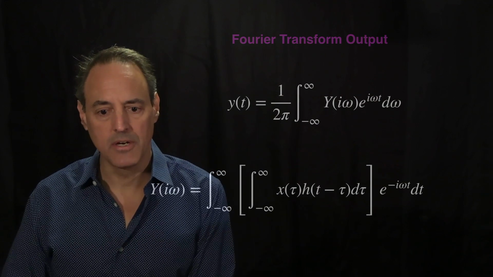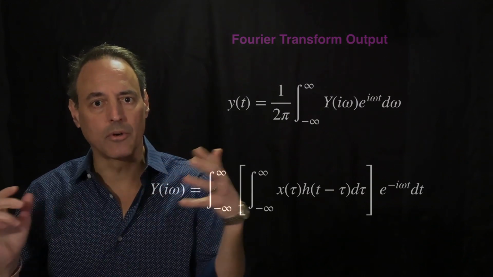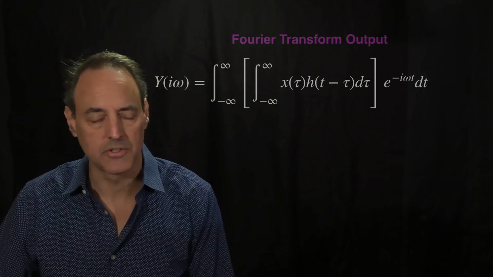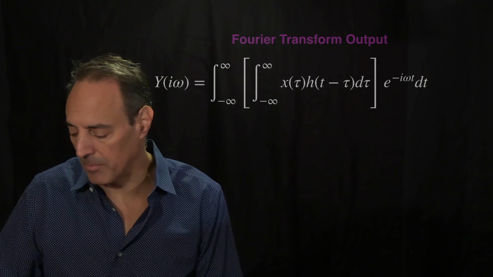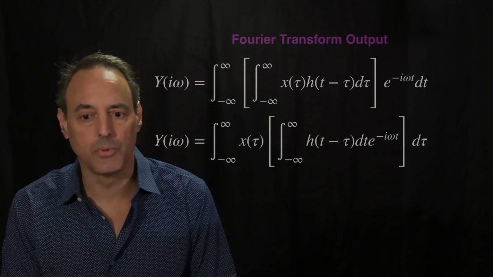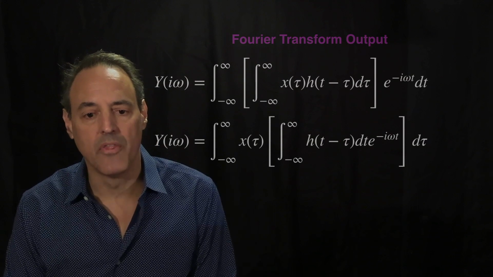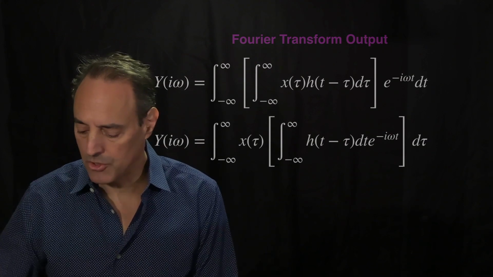I put it in here, and now what we're going to do is change the order of integration in this. So let's go back to here. So here's the representation, and now let's exchange the order of integration operations, and this is what you would get here. So I'm going to first integrate with respect to t, then integrate with respect to tau. Okay? So that's what you're going to get here.